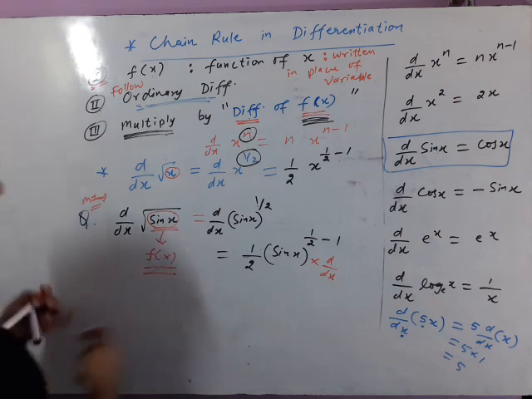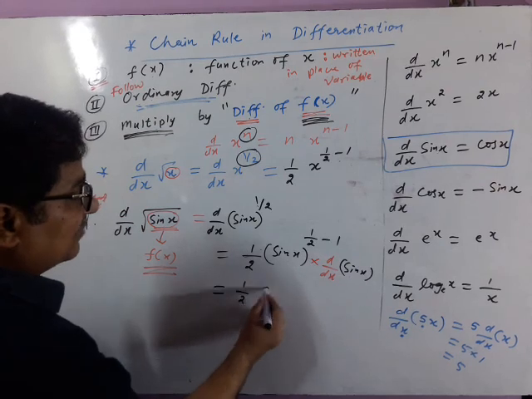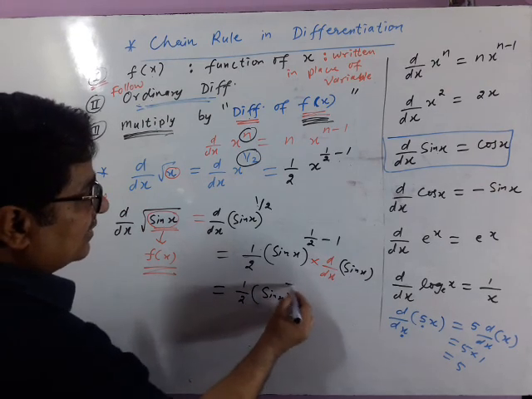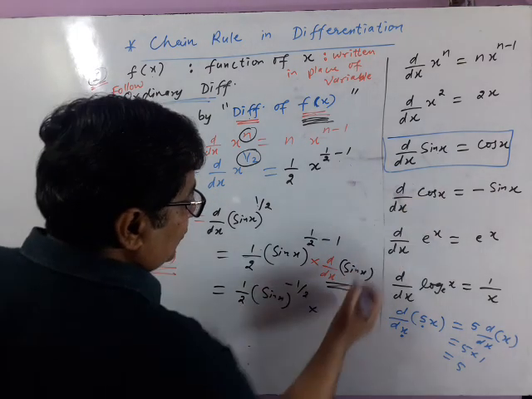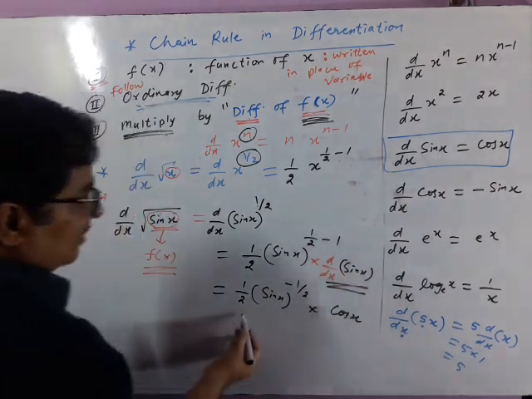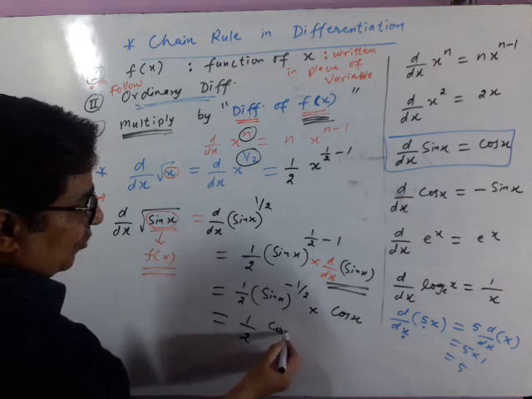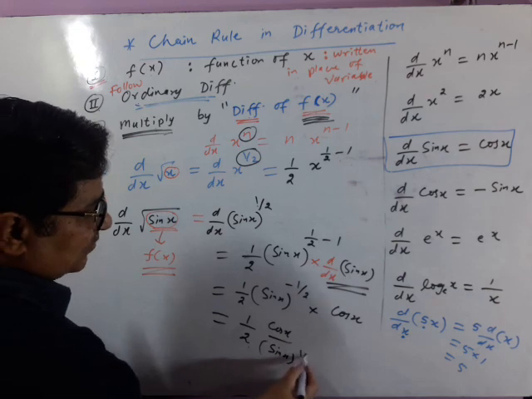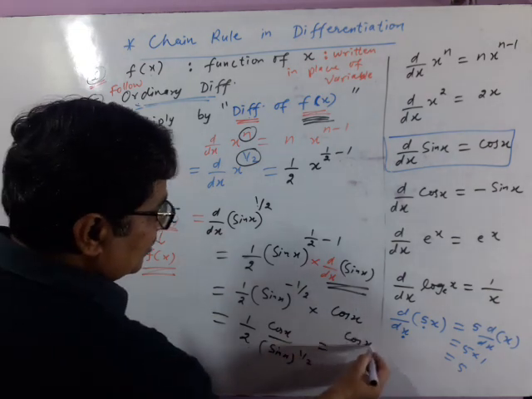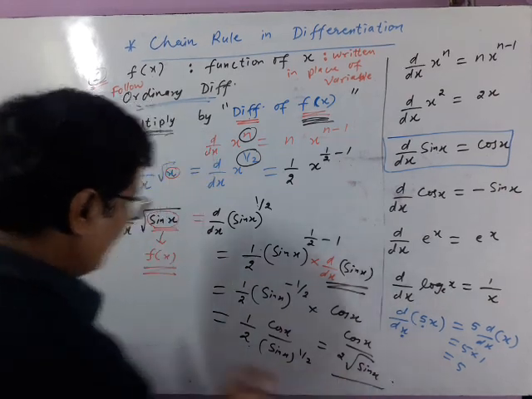Sin x. So you will have to differentiate sin x here. So it will be half of (sin x) raised to the power minus 1 by 2, and the differentiation of sin x, you know, is cos x. Now you can simplify this. Half of cos x, move it into the denominator, sin x raised to the power plus 1 by 2. So it can be written as root sin x. Got it?